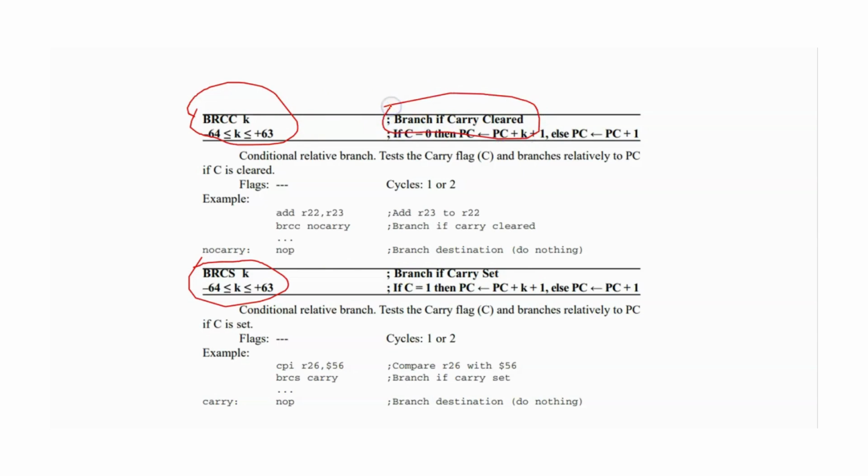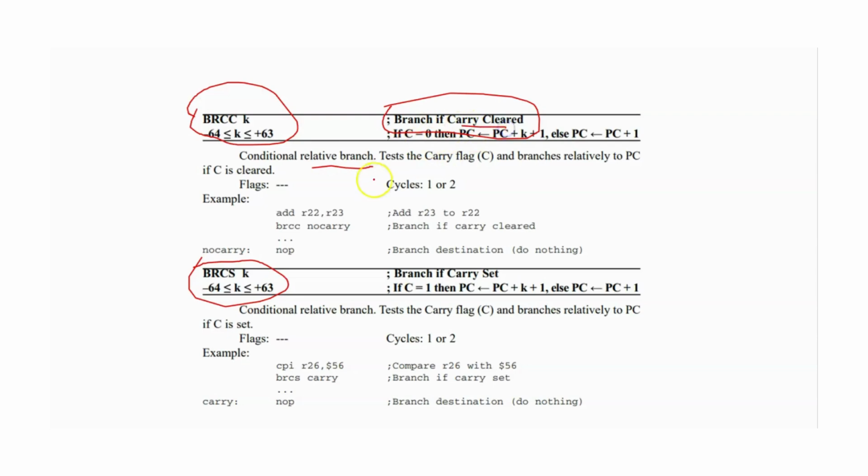Branch means the jump instruction. This is a relative branch or relative jump conditional instruction, that based on some condition the control of the program is jumped towards some other location. At what condition does it jump? It depends on the carry flag.